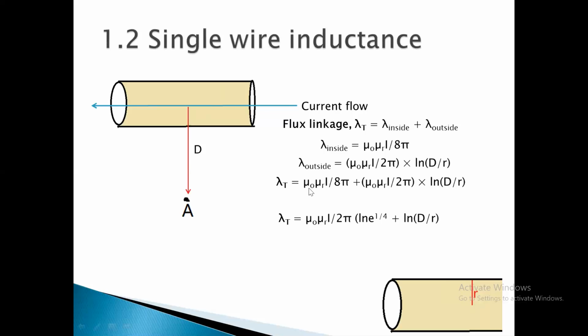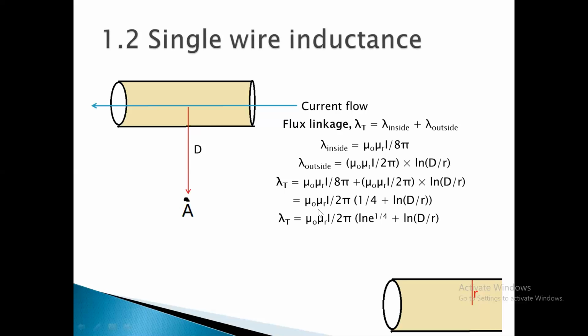So I will take here mu naught mu r I divided by 8 pi plus mu naught mu r I divided by 2 pi. So now you understood that we put these two values in this equation, then you will get the total flux linkage at this point. So I will take common, you know common, right? Mu naught mu r I divided by 2 pi.